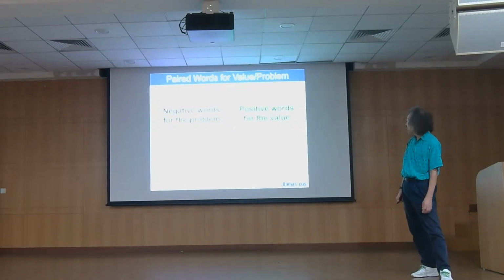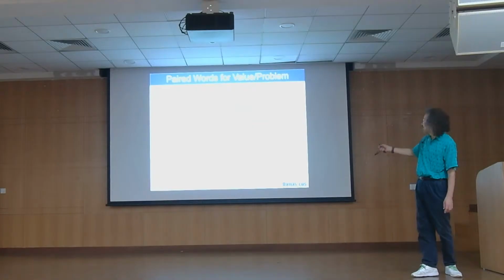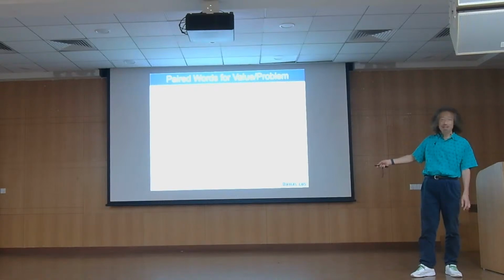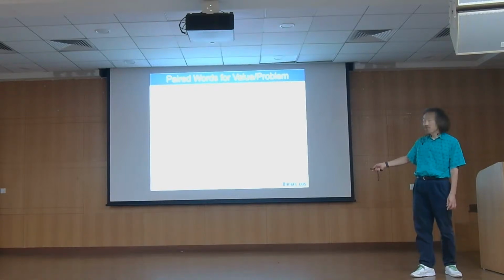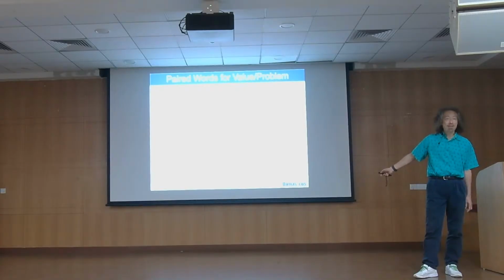So that's how it works. Let's look at just one. Let's look at this one, degraded. That's a negative word. What is the opposite? Good or superior? Or there are some other words you can use.